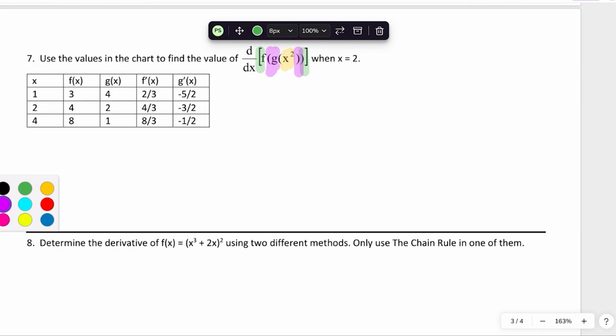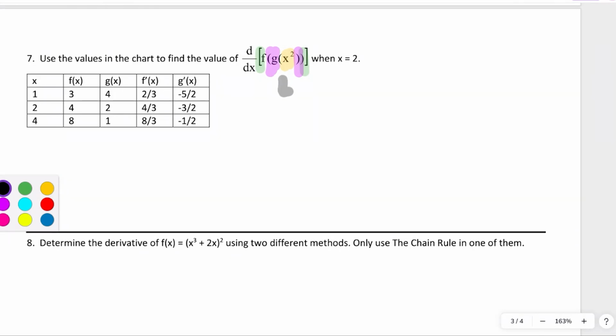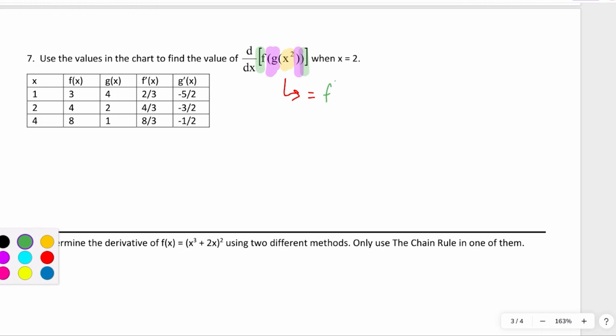So let's write out our derivative. This thing will equal f prime of g of x squared times the derivative of g, so g prime of x squared, times the derivative of x squared, which is 2x.